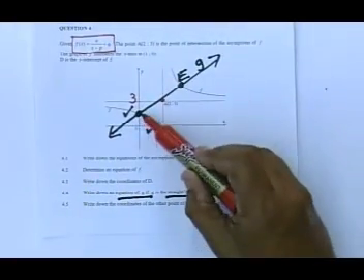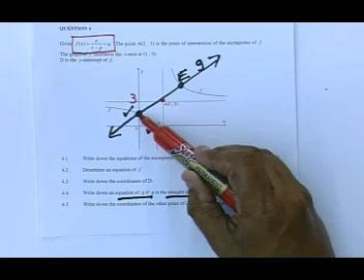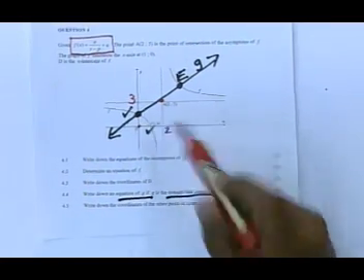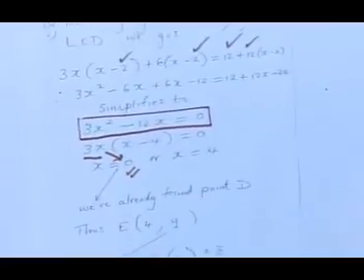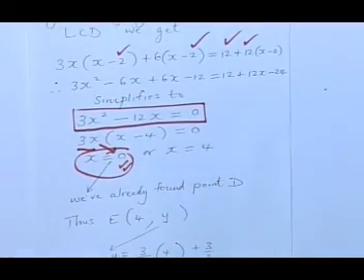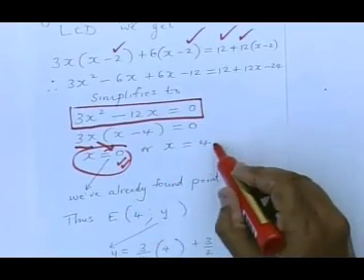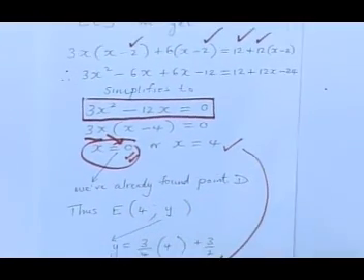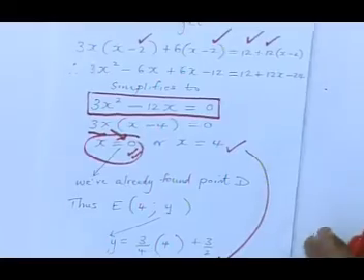We said that one of the points of intersection was D. Therefore, at D, the x value was 0. So we expected this result. If we didn't get it in our factorization, we had to go back and check. There is the other one, x equals 4. By plugging that in, we would get the y value of 4.5. Looks difficult for many people. As you can see, not really that hard if we keep our heads.